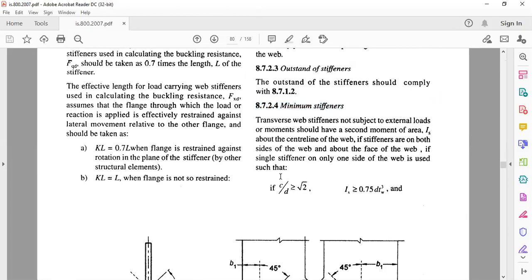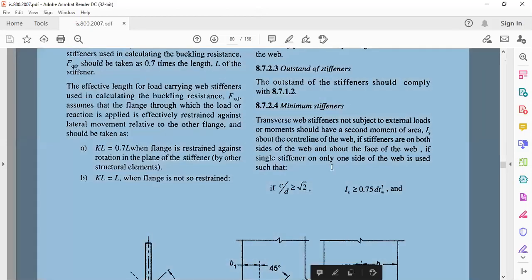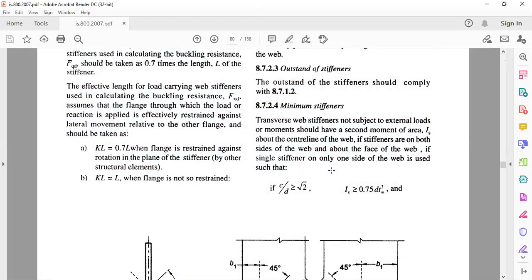First, we should check whether the c by d distance should be greater than or equal to root 2. The c value, we know, is 2666.67 divided by the d value 2000. This value comes around 1.33. Root 2 is nothing but 1.414.